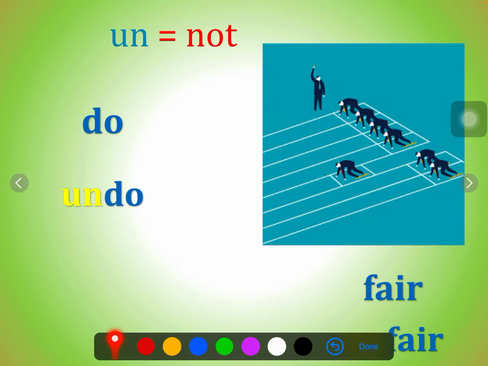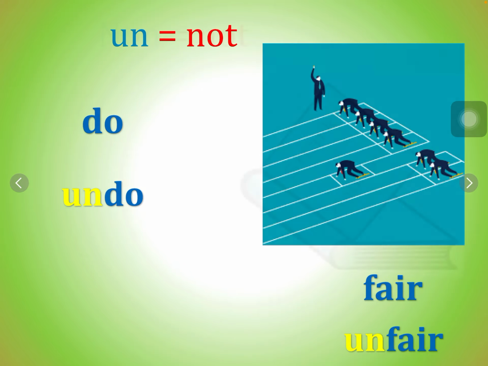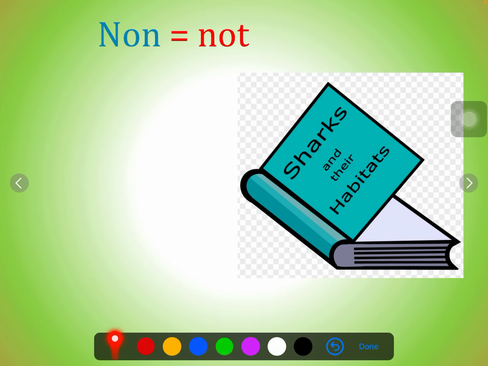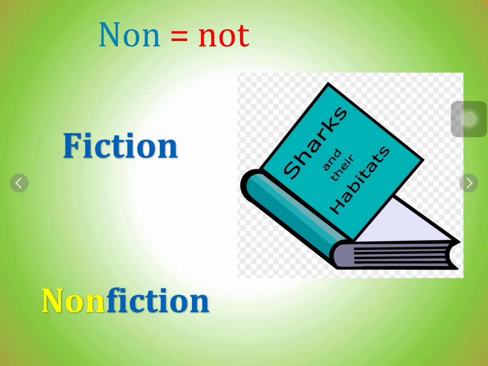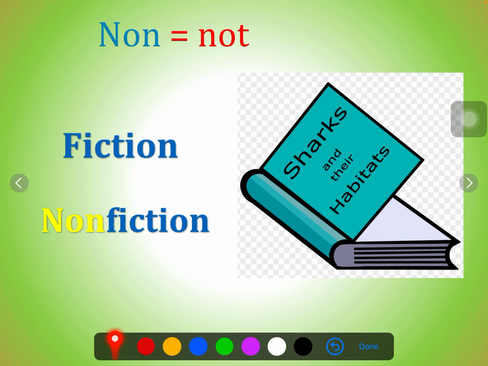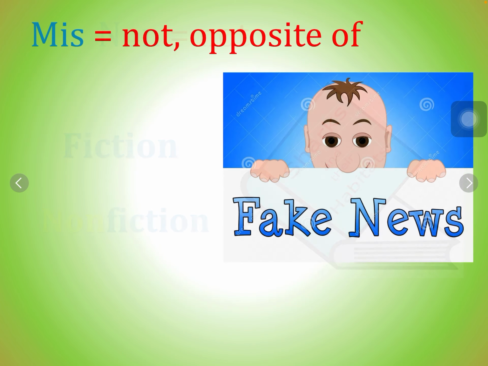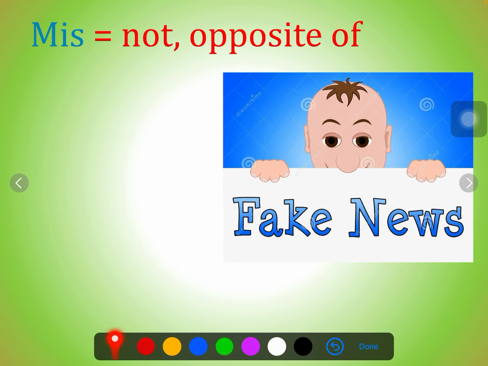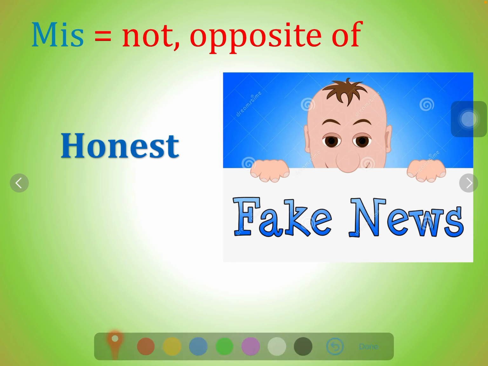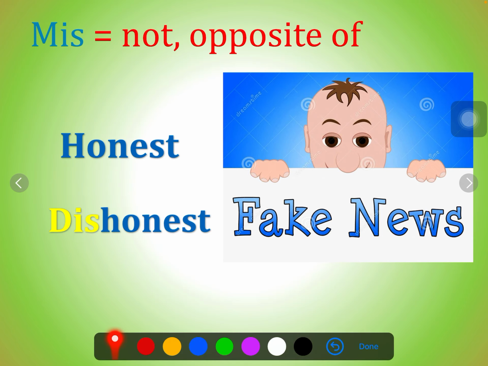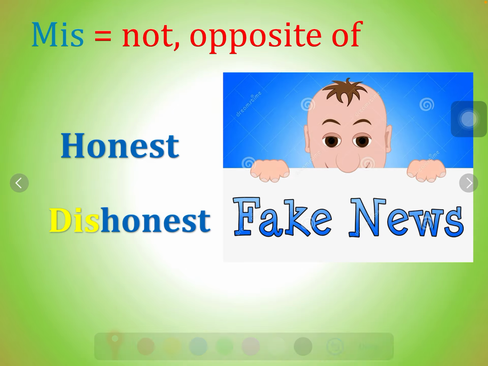Fair, unfair, it's the opposite of fair. Non also means not. For example, fiction, non-fiction. And mis also means not or opposite of. For example, honest, to be honest. Dishonest means the opposite. Okay.